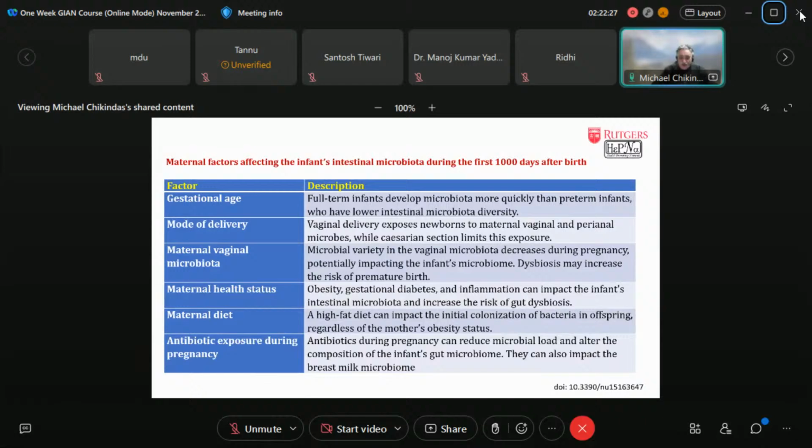Obesity, diabetes, inflammation: all the factors that may imbalance the microbiota of pregnant women will have an impact on the child. In obese families, there is a high risk of obese children being born.